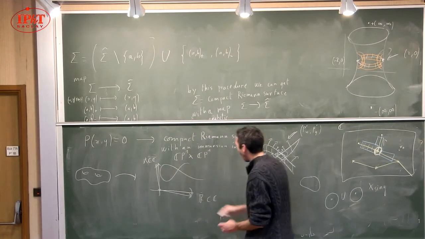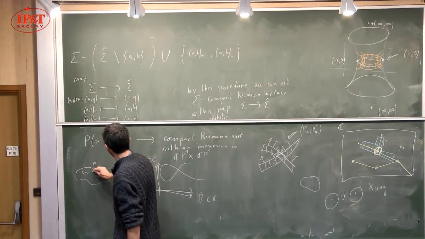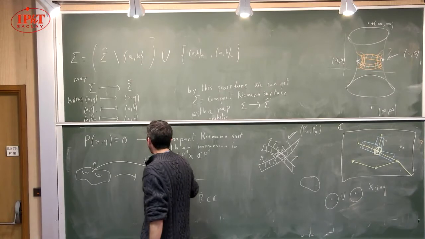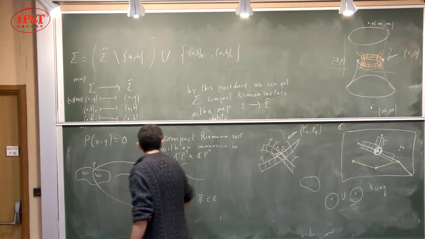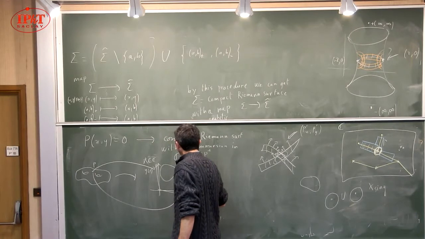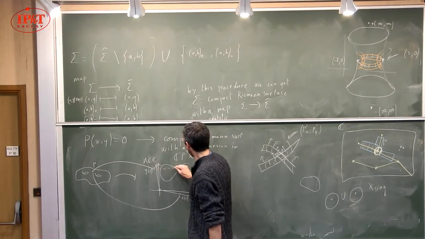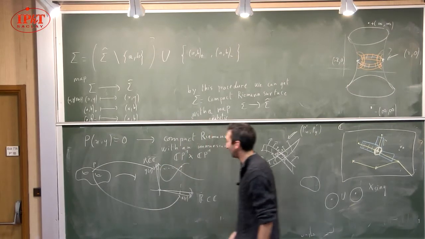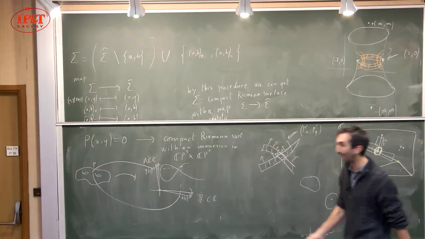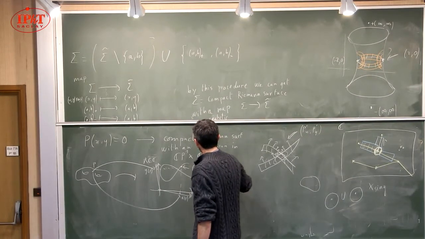It means that for every point P on your Riemann surface, there are 2 maps: one which is y of P, and one other which is x of P, which are complex numbers. And at the intersection, you get this point. This point is the point x of P, y of P.